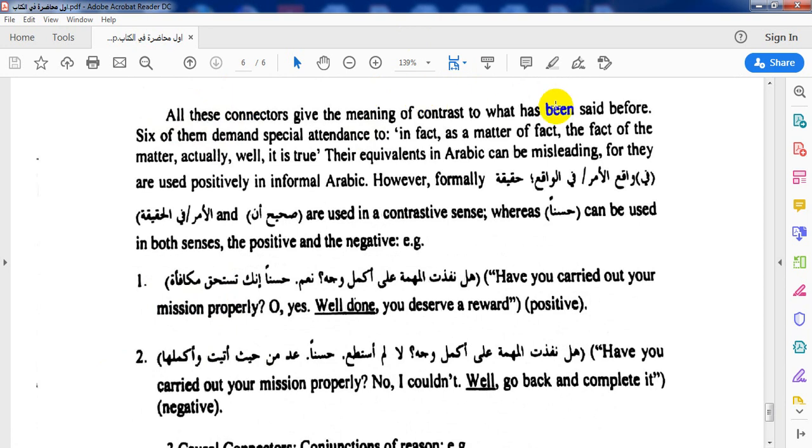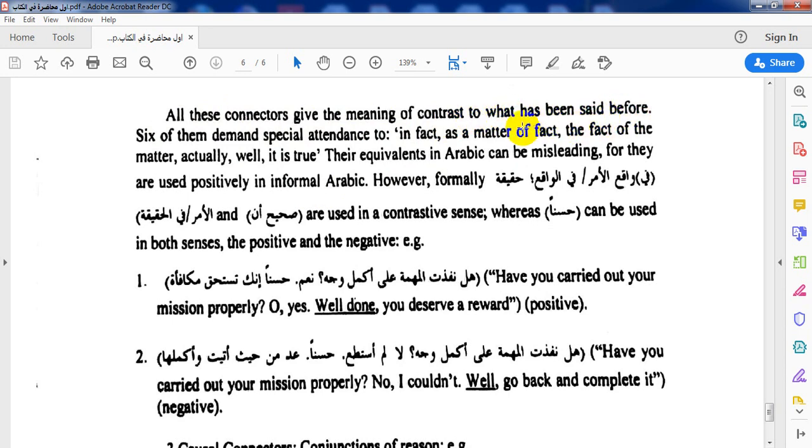A note here is added at the end of this. All these connectors give the meaning of contrast to what has been said before.